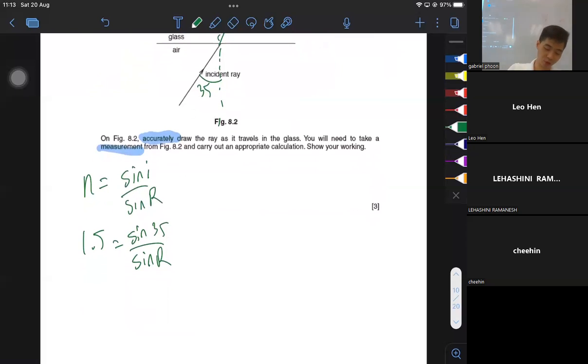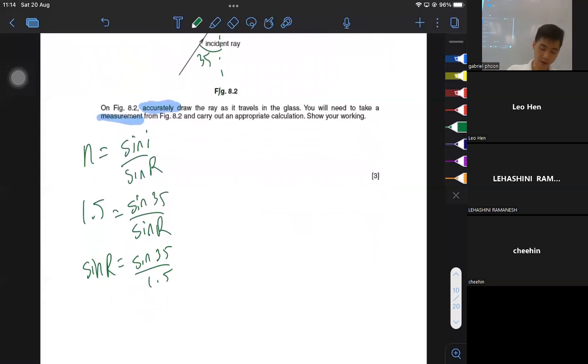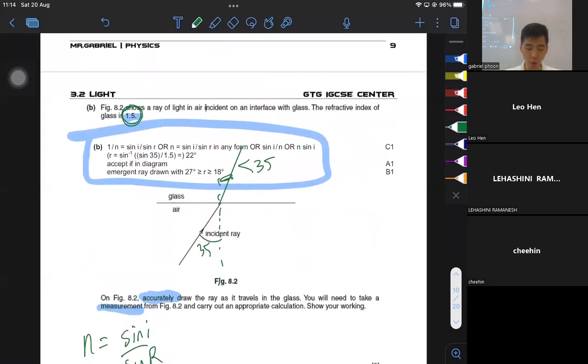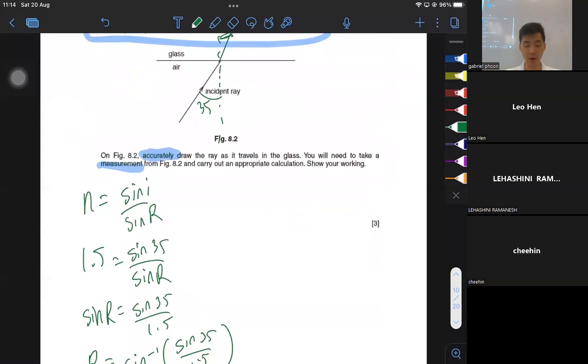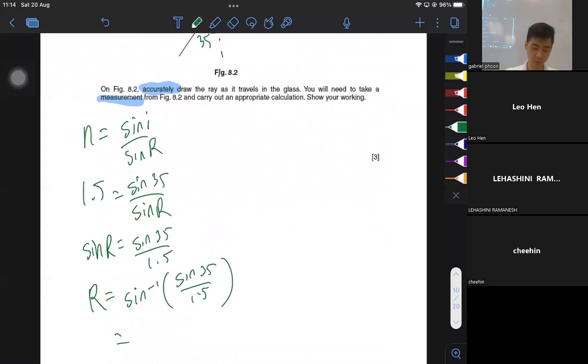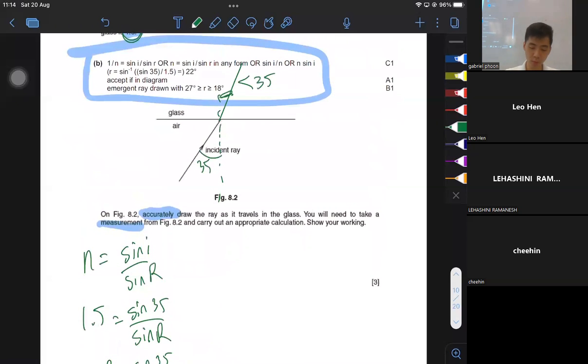But anyways, the calculation here would have been sine r equals sine 35 over 1.5, and then your r would be just shift sine, yet again, of sine 35 over 1.5. Press everything into the calculator, and you would have gotten r somewhere around 20 degrees. I don't know, 22?